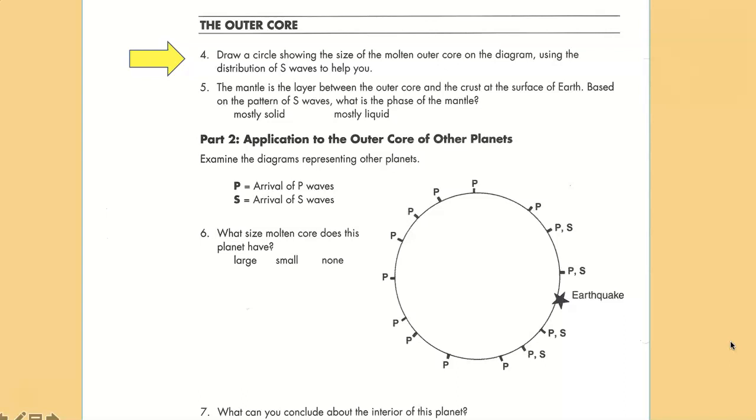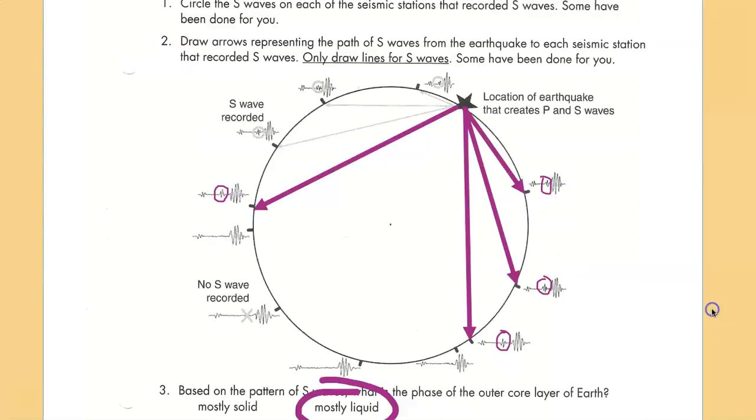Question 4 says, draw a circle to show the size of the outer core on the diagram using the distribution of the S waves to help you. So what we need to do is draw a core in here that has the correct diameter so that S waves are not traveling through the core, but they're traveling through the mantle outside of the core.